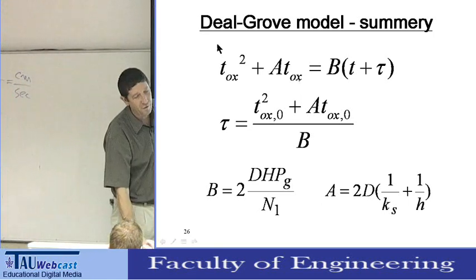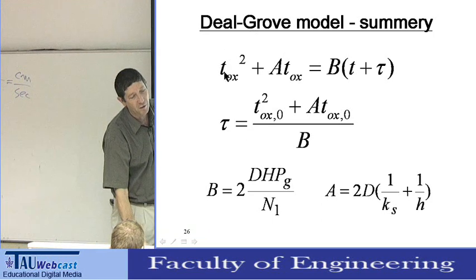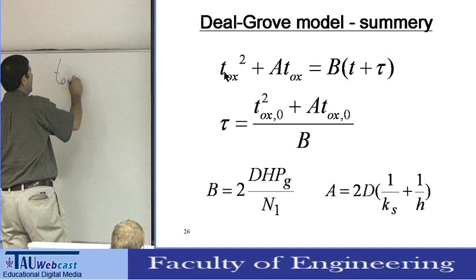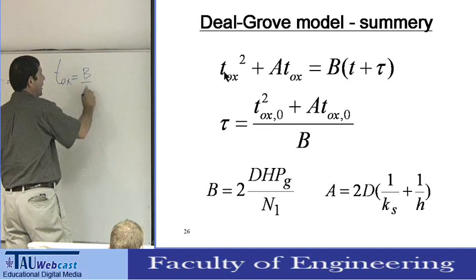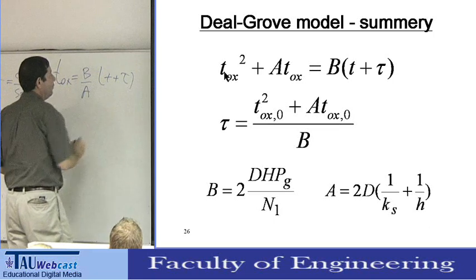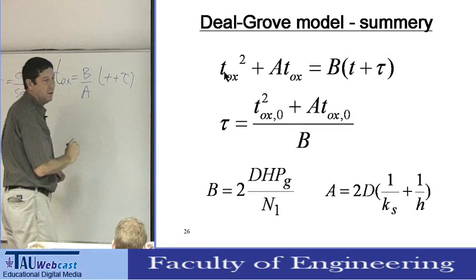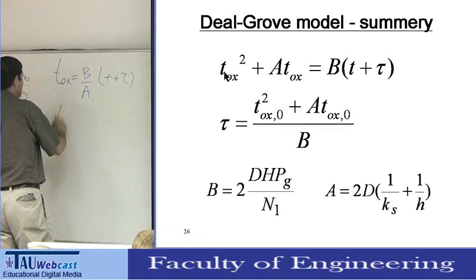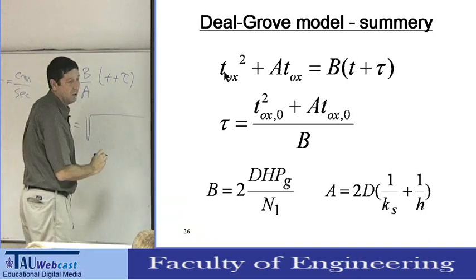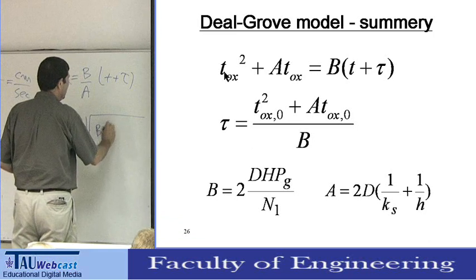When the oxide is very, very thin, then I don't care about this term. For very thin oxide, T oxide is B over A times (T plus tau). For thick oxide, I can say T oxide becomes the square root of B times (T plus tau).